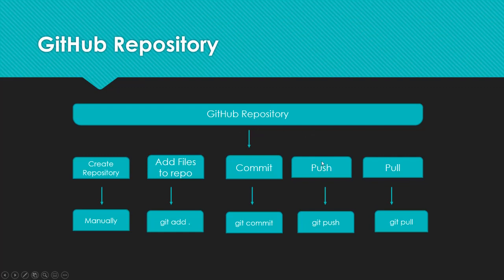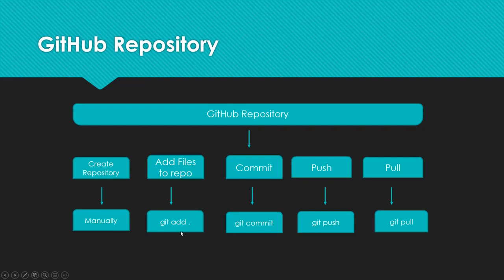And when we want to pull all the changes which are saved or committed in the GitHub repository, we'll use pull. Pull will pull all our project code into our local. To achieve this, we'll use various git commands. First we'll create the repository manually.